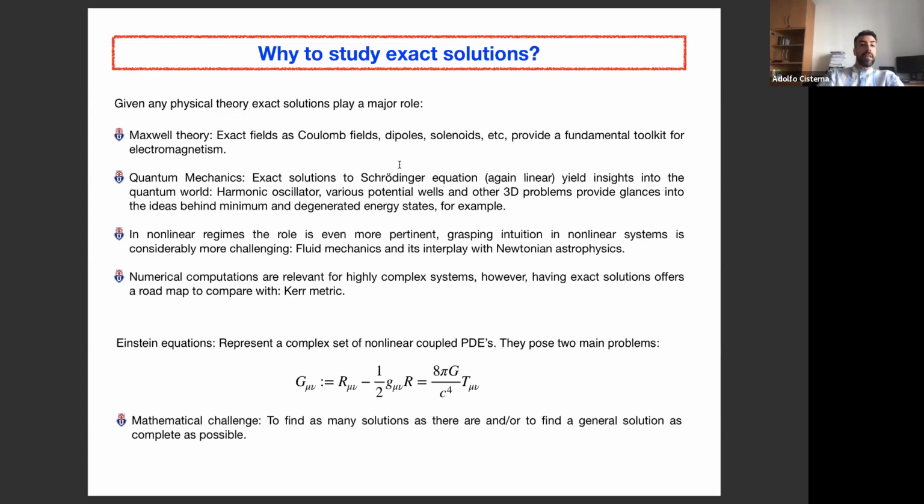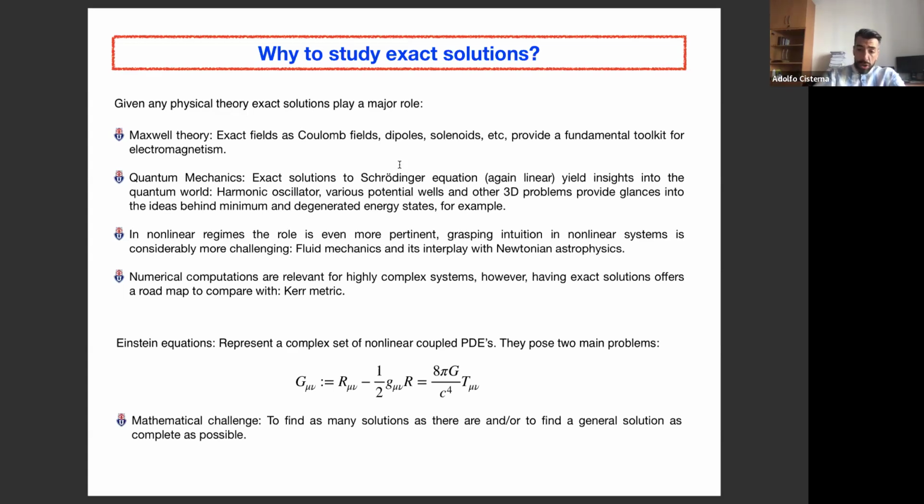And when you go to nonlinear theories, as for example when you combine Newtonian gravity and fluids to try to describe some astrophysical objects, everything becomes nonlinear, and then having exact solutions is even more important because getting intuition about nonlinear systems is much more difficult.